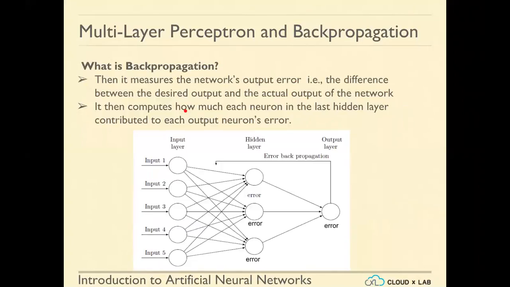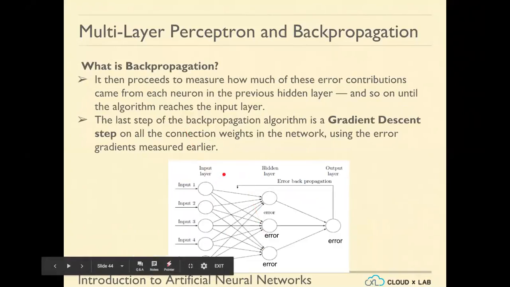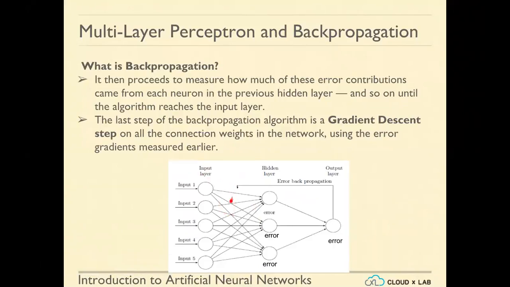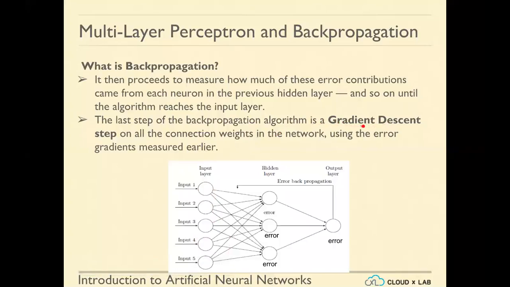Then it computes how much each neuron in the last hidden layer contributed, so how much of this error is contributed by all of these edges from the previous layer. And then it proceeds to measure how much of this error came from the previous layer, until we reach the input layer. The last step in backpropagation is gradient descent, basically changing the weights in proportion to the error contributed by each weight, right? And that's what we did.